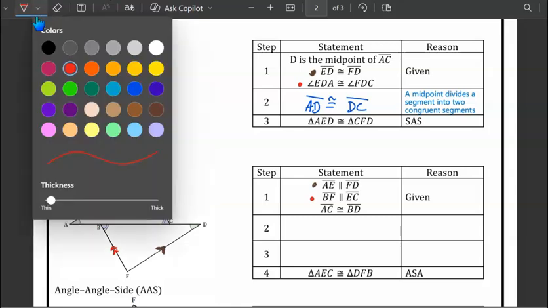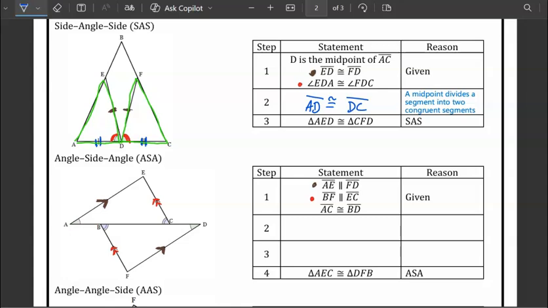And then the third thing that we're given is that segment AC is congruent to segment BD. So on this one, we have two steps to fill in.